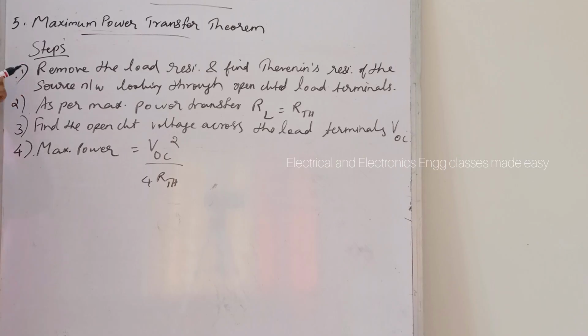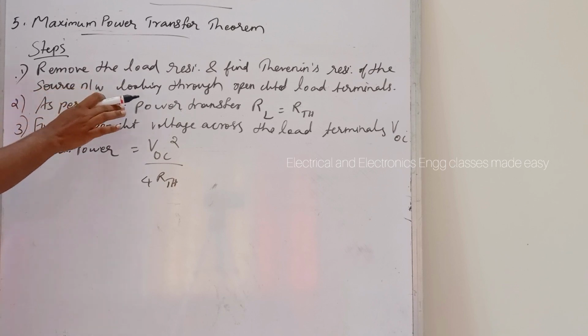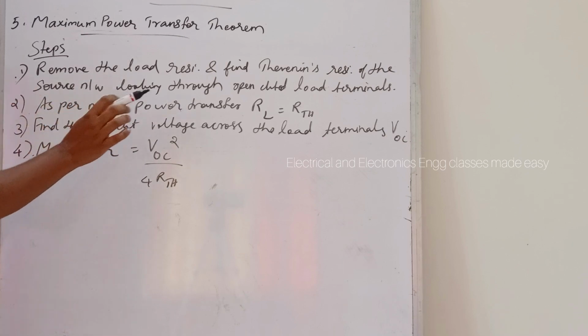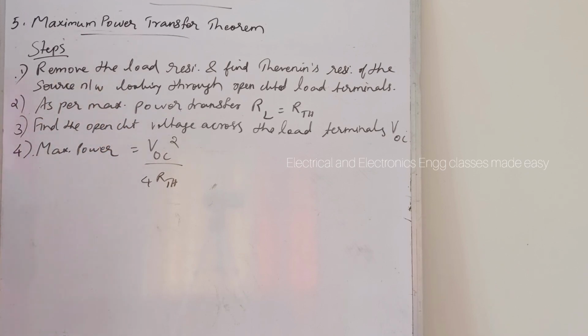Next are the steps for applying the maximum power transfer theorem. First, remove the load resistance and find Thevenin's resistance of the source network looking through the open-circuited load terminals, as we studied in Thevenin's theorem. Second, as per maximum power transfer, RL is equal to RTH, that is, the load resistance is equal to the source resistance.